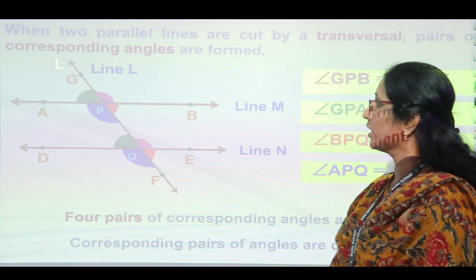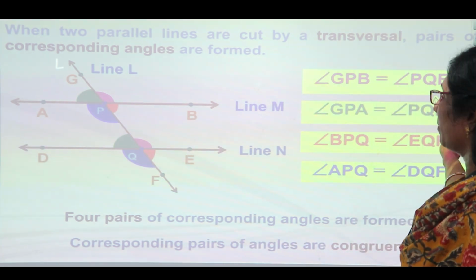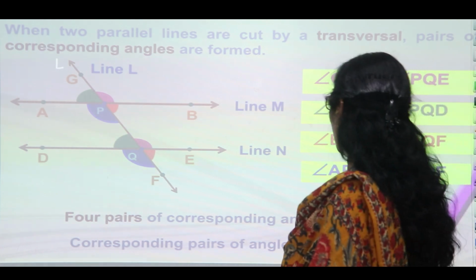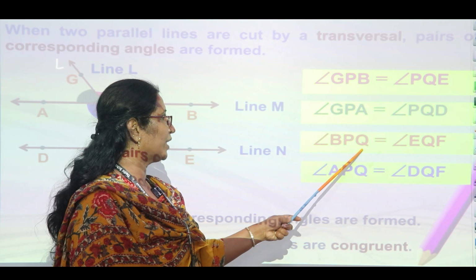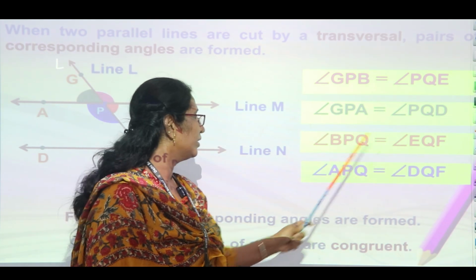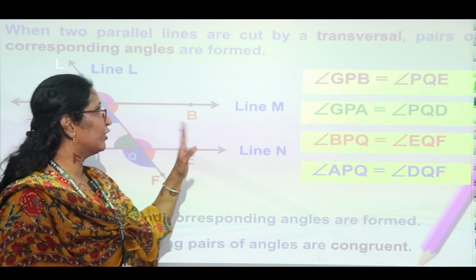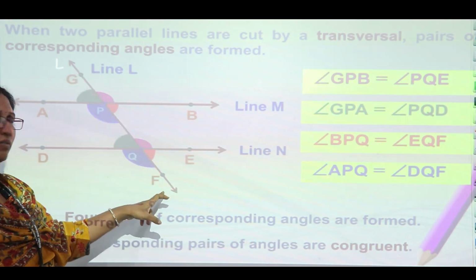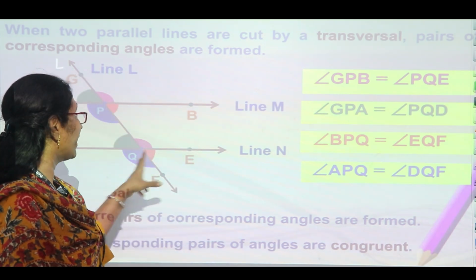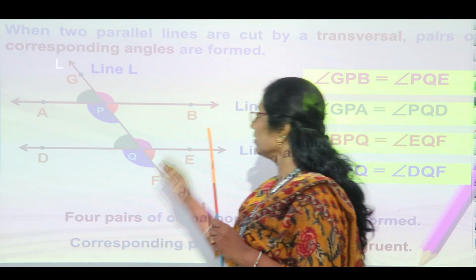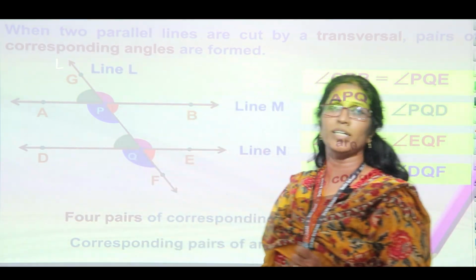Which angles are called corresponding? Angle GPB is equal to angle PQU, angle GPA is equal to angle PQD, angle BPQ is equal to angle EQF, and angle APQ is equal to angle DQF. It is easy to remember: when a transversal cuts the 2 parallel lines M and N, the pairs of angles called corresponding are those that lie on the same side of the transversal.